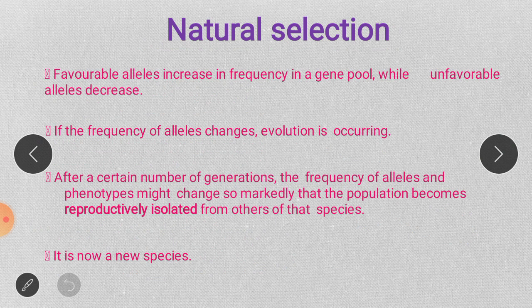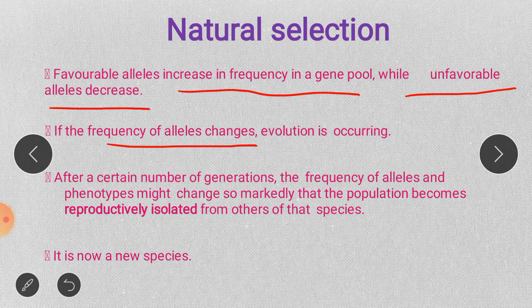So favorable alleles increase in frequency in a gene pool, while unfavorable alleles are going to decrease. Those alleles unable to survive, their frequency is going to reduce from the gene pool. Okay, so if the frequency of alleles changes, evolution is going to occur.